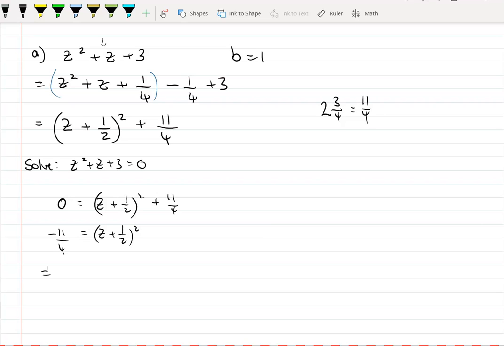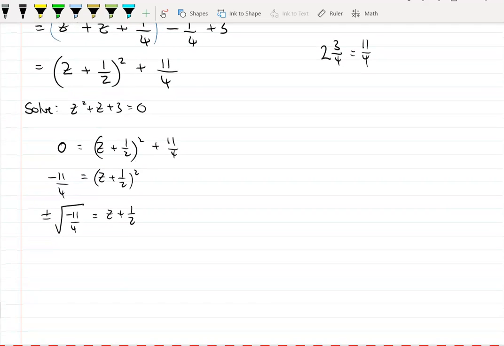So I'm going to have plus or minus, and this is the key you have to remember. When you take it from a squared to a singular term, you have to take plus or minus negative 11 on 4 equals z plus a half. Okay, and so I'll simplify that now before finishing it off. So the square root of negative 11 is going to be the square root of 11i. The square root of 4 is 2.